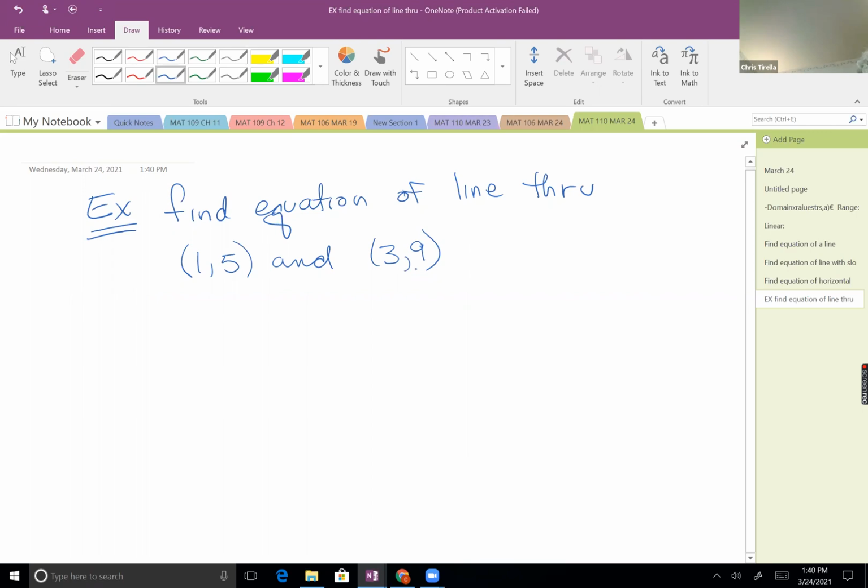Oh crap. We said to find the equation of a line, we need the slope. But sadly, we don't have a slope. What are we going to do? Any ideas?